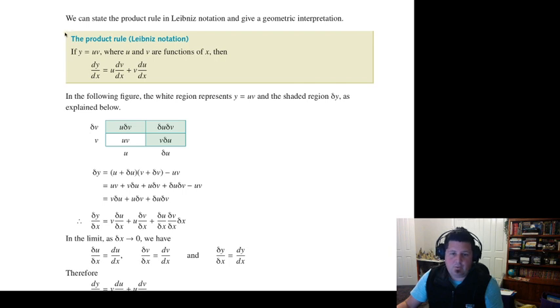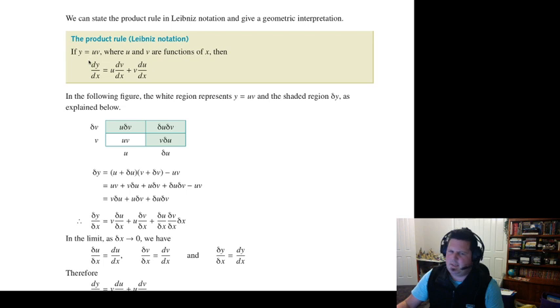The notation, another notation as well that you'll find being used is Leibniz's notation. So if you have y equals uv, where u is a function and v is a function, they're multiplied by each other, so they're getting the product of the two functions, then you could write it out as the derivative, so dy dx is equal to this function u multiplied by the derivative of this, which is dv dx, plus the second function, which is v, multiplied by the derivative of this, which is du dx.